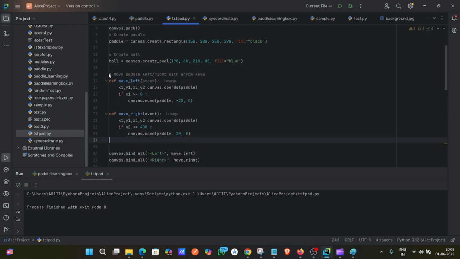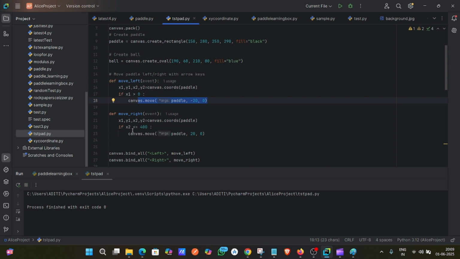What I'm doing here is, every time while moving left or right, I'm taking the coordinates of my paddle and checking: if x1 of my paddle is greater than 0, then only I am moving in the left direction. The moment it becomes 0, meaning it touches the wall, this condition will become false. It will not be true. So it will stop moving.